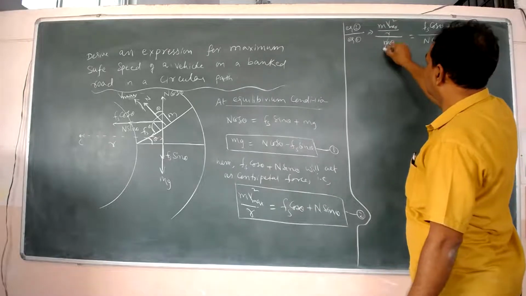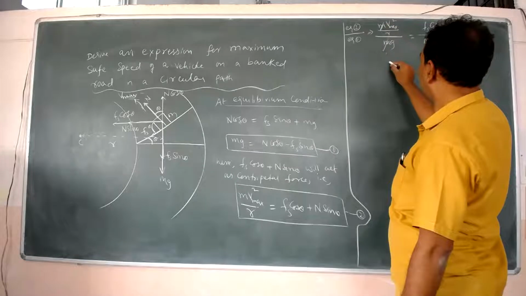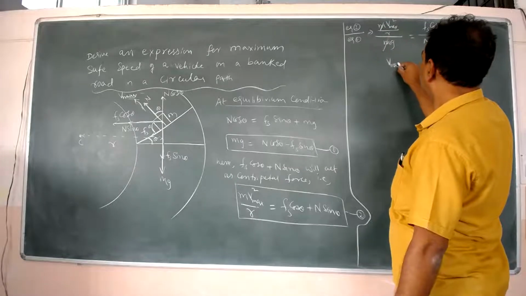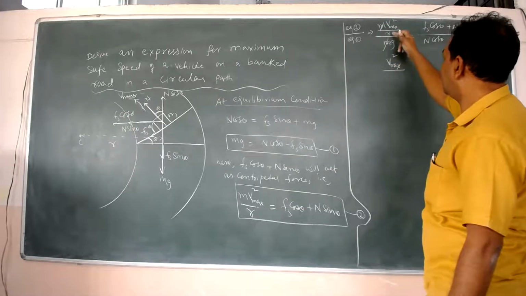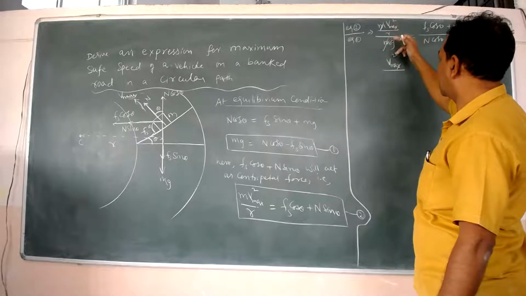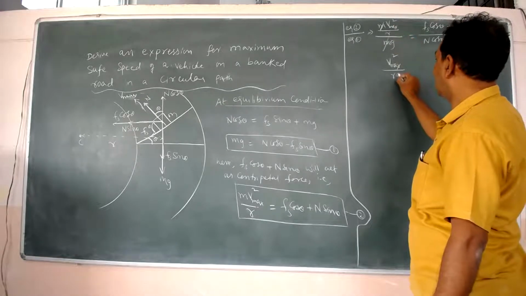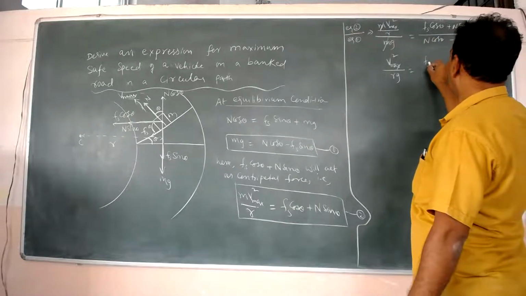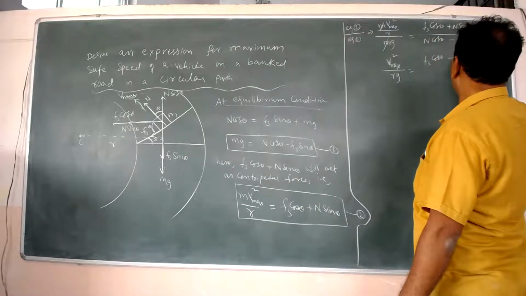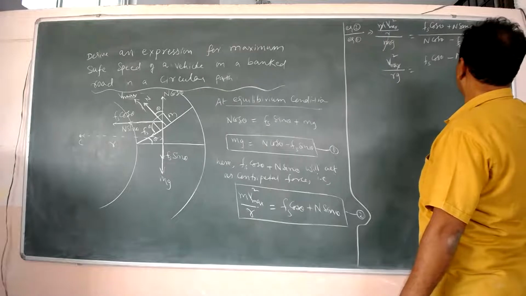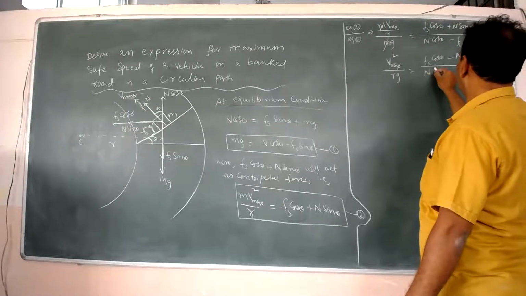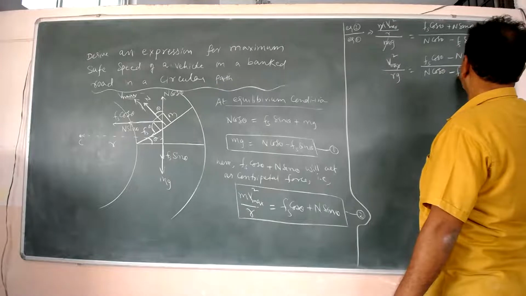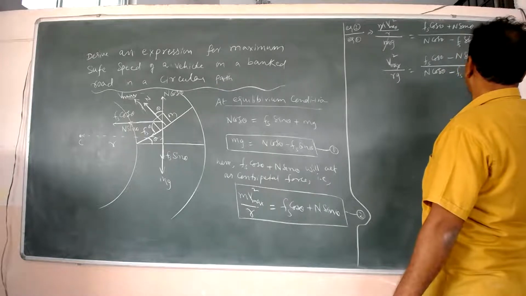Here m will get cancelled. Therefore, what is left is V max square divided by rg, which is equal to Fs cos theta plus N sin theta divided by N cos theta minus Fs sin theta.